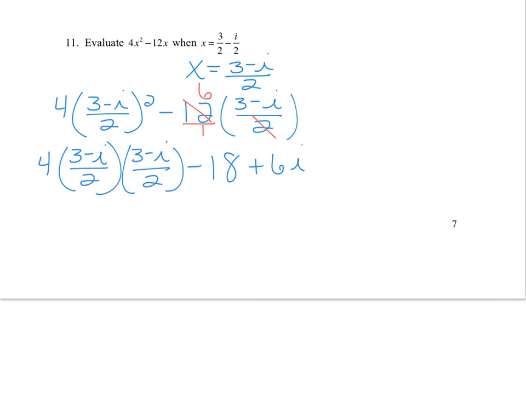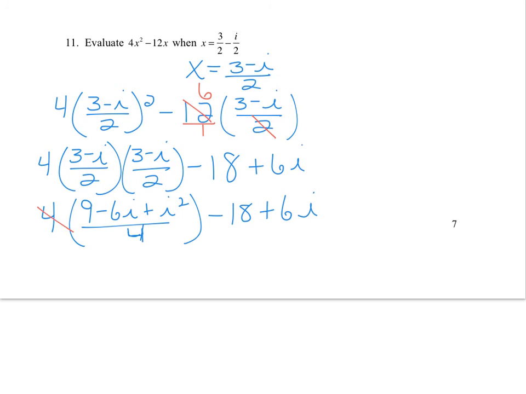All right, I still have to do multiplying on the left, so I have 4 times, I have to do double distributive property on the top and get 9, minus 3i, minus 3i, plus i squared all over 4, minus 18 plus 6i.